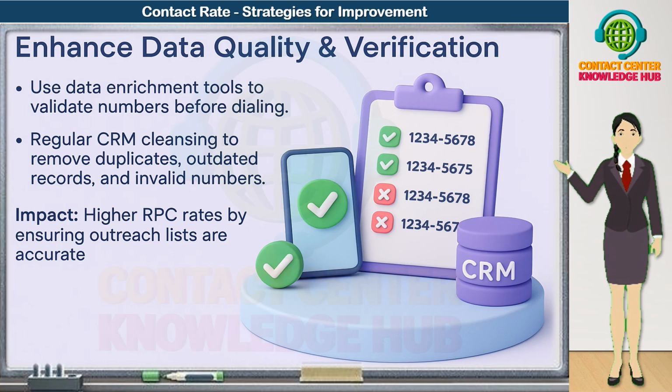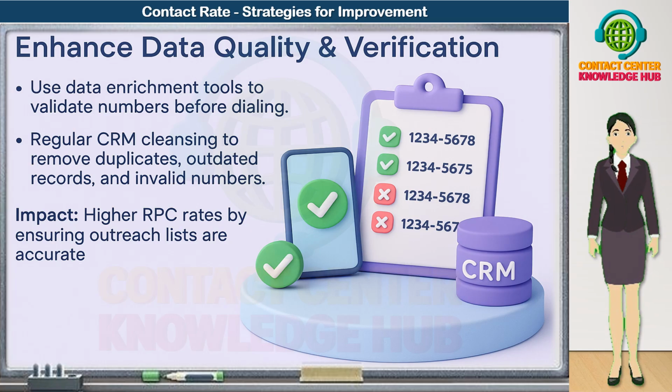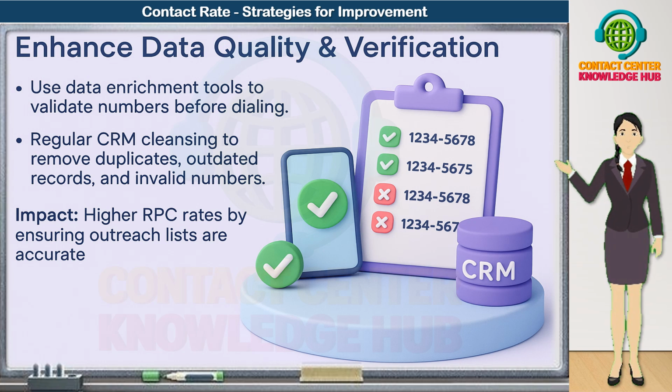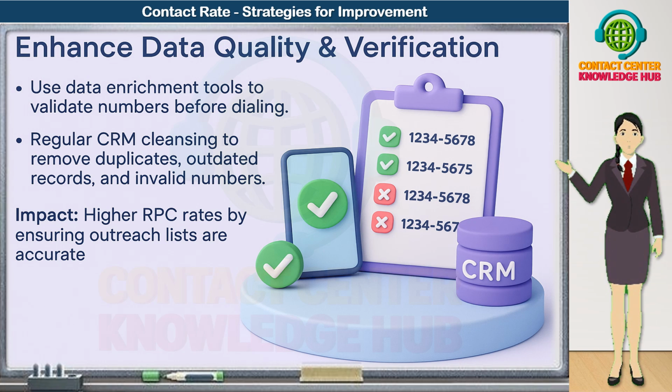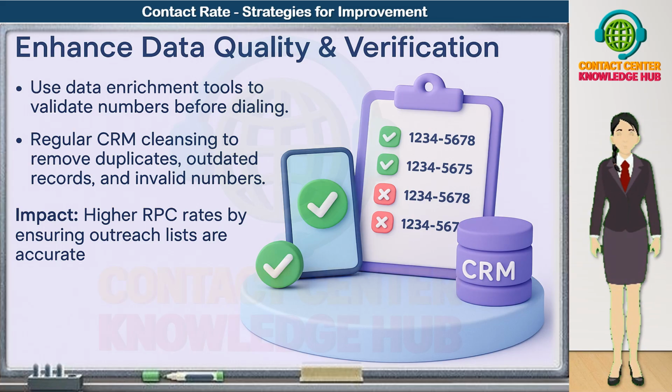When your database is clean and verified, every dial counts, and every connection has a higher probability of being the right customer. Impact: cleaner data leads directly to higher right-party contact rates, ensuring that you are precise, current, and ready for real results.